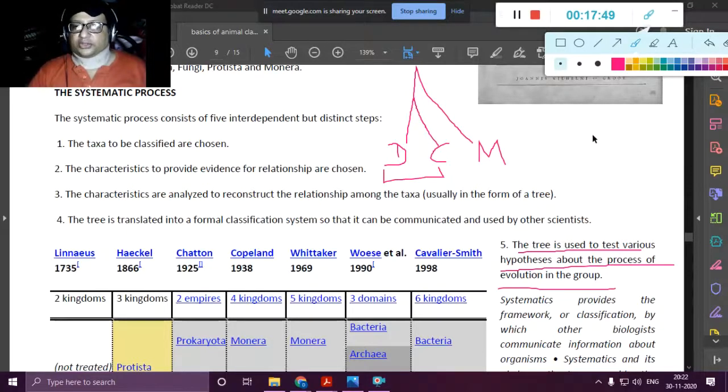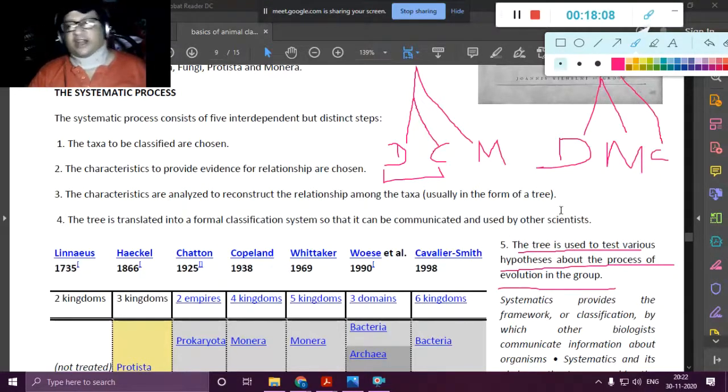You can also test the thing that dog and man are very close on the basis of their characteristics. So this is dog and man, and from a common character you have here you place cat. So cat and dog are far away, you place man.